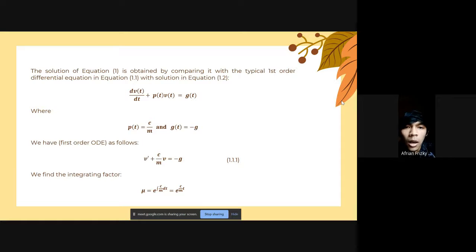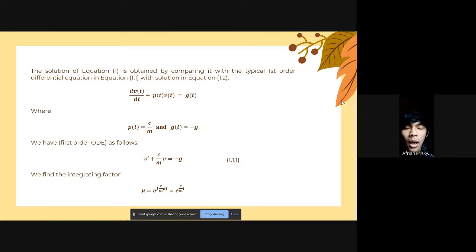Note that we have the first order ordinary differential equation, that is dv(t)/dt plus p(t) times v(t) is equal to g(t), where p(t) is equal to c over m and g(t) is equal to minus g.